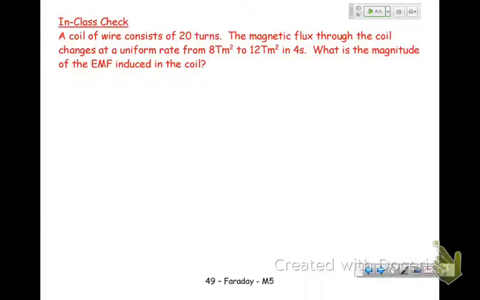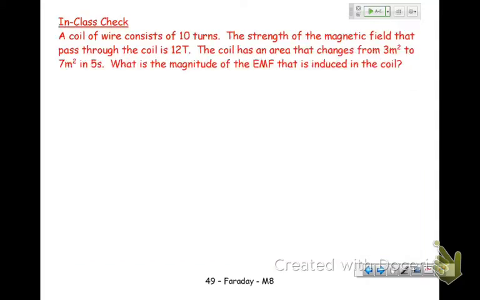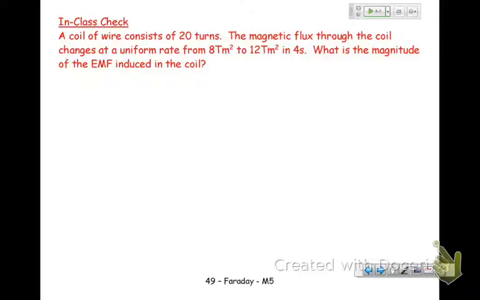Okay, so let's do something. Oh, I'm sorry, have I got no numbers in this? You've got the clickers and we've got no numbers. I'll ask you opinion questions. A coil of wire consists of 20 turns. The magnetic flux through the coil changes at a uniform rate.